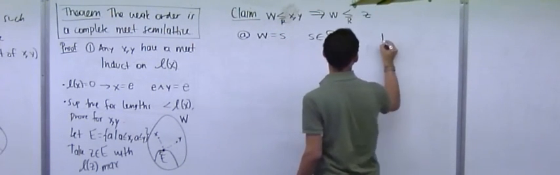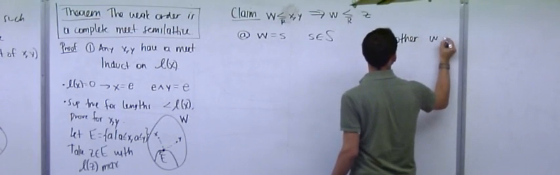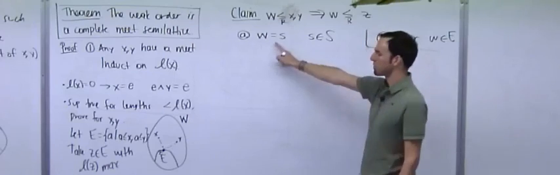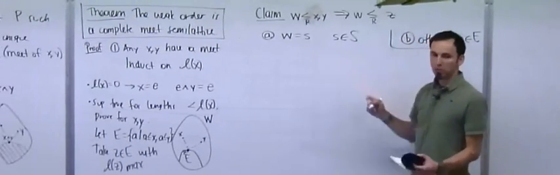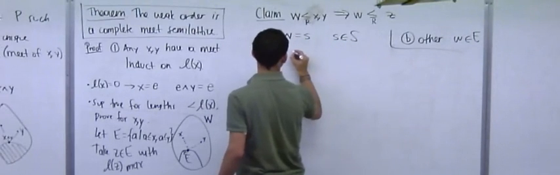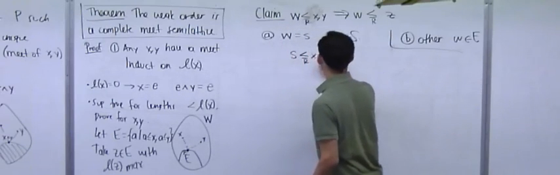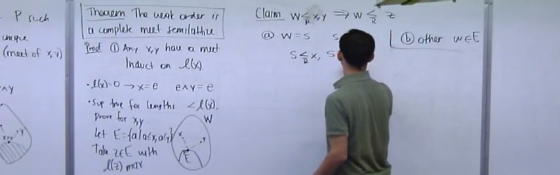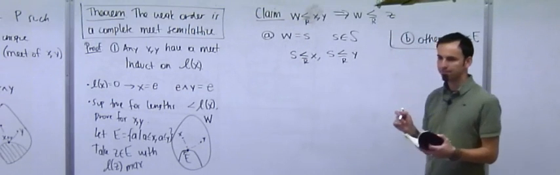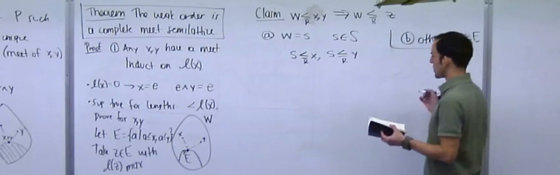And then I'll do it for the other ones. Suppose a generator is less than or equal to x and less than or equal to y, and I would like to show that it's less than or equal to z. Okay. So let's suppose that it isn't.